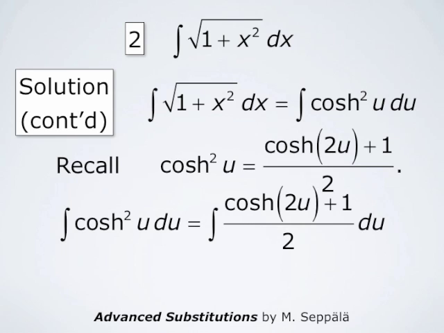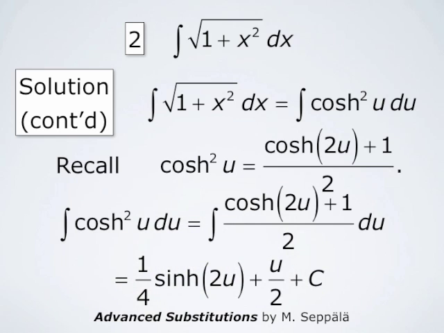This last integral is easy to compute. We may perform the additional substitution that 2 times u is a new variable t, and we get the result in this way. The result is that the integral of hyperbolic cosine squared of u du is 1/4 hyperbolic sine at 2 times u plus u over 2 plus a constant of integration.